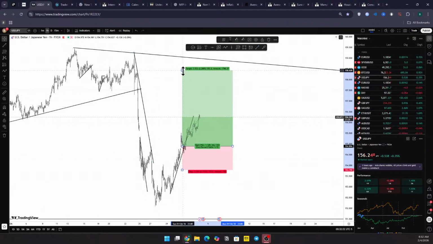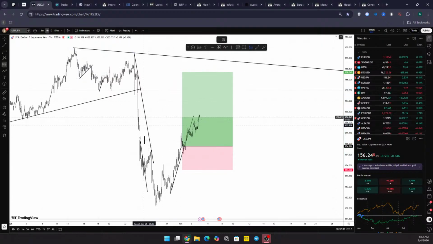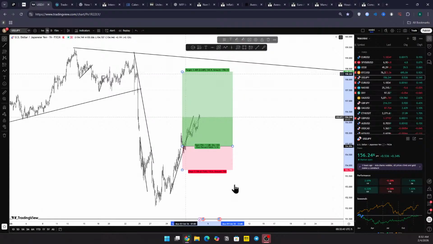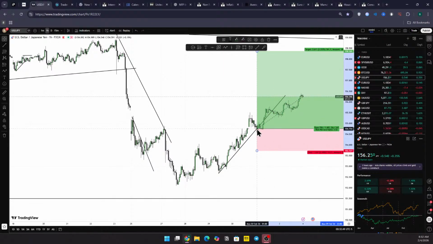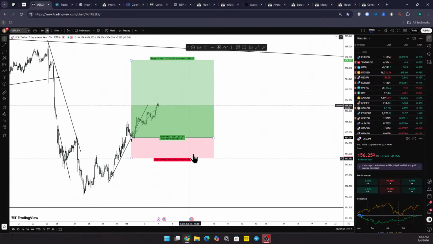So my expectation is the market is going to go there and take the stops of the guys who've shorted here and put their stop loss there. I think the market is going to do something or go right there. So we could hunt for our 1 to 3 right there, entry right there, stop loss there, and this would have been our trade. So we would have been in profit.